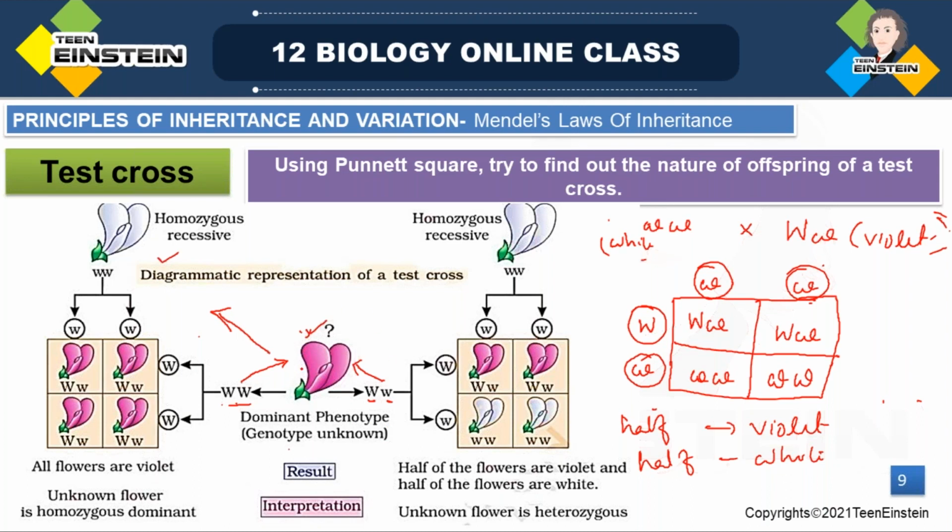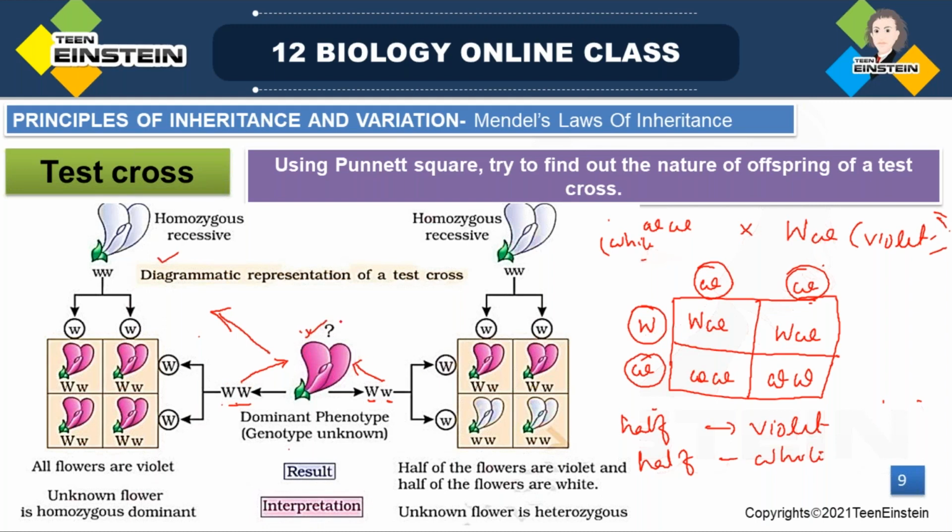If the tested genotype is homozygous dominant, all offspring formed will have the dominant character.